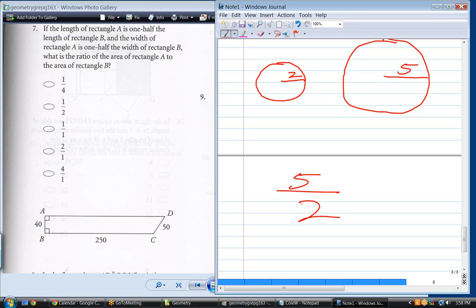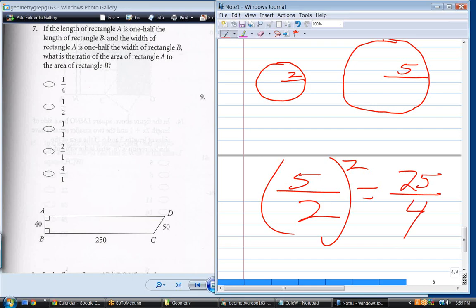If my linear ratio is 5 to 2, and my area ratio is the square of the linear ratio, what's the area ratio? 25 to 4. Which is like more than 6 to 1. So it goes up big time.